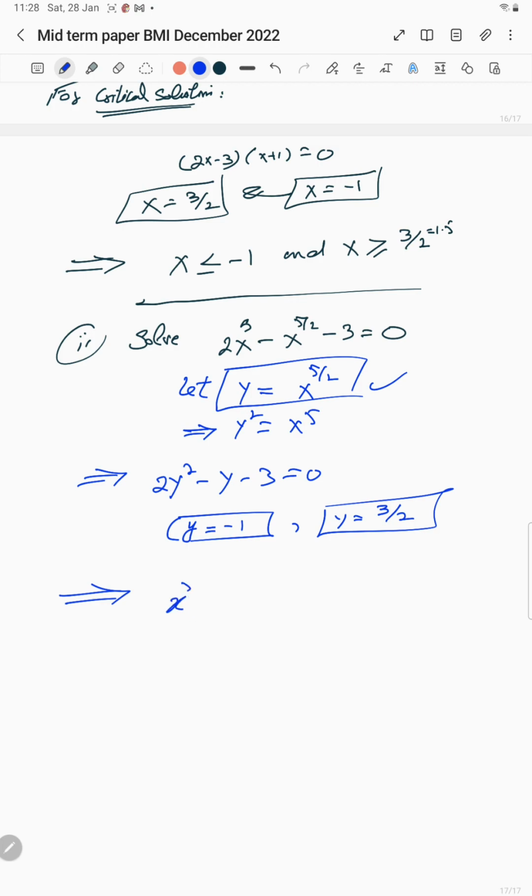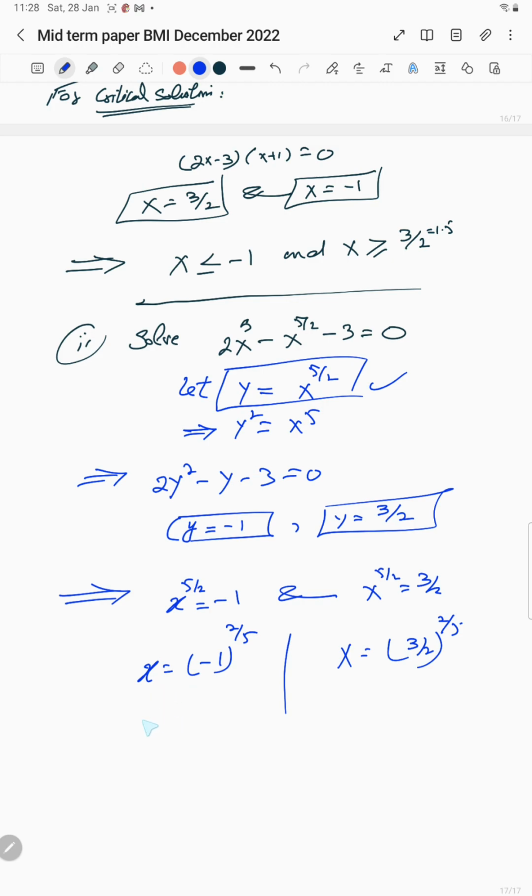So x power 5 by 2 one time equal to -1, and here x power 5 by 2 is equal to 3 by 2. So in order to remove this, take reciprocal power on either side. So I can say x is equal to minus 1 power 2 by 5, and here x will be 3 by 2 power 2 by 5.